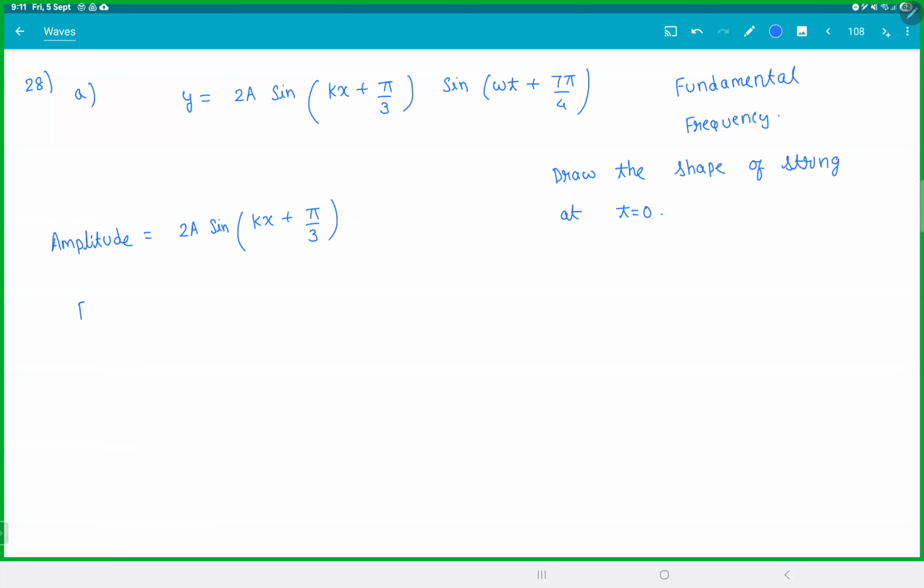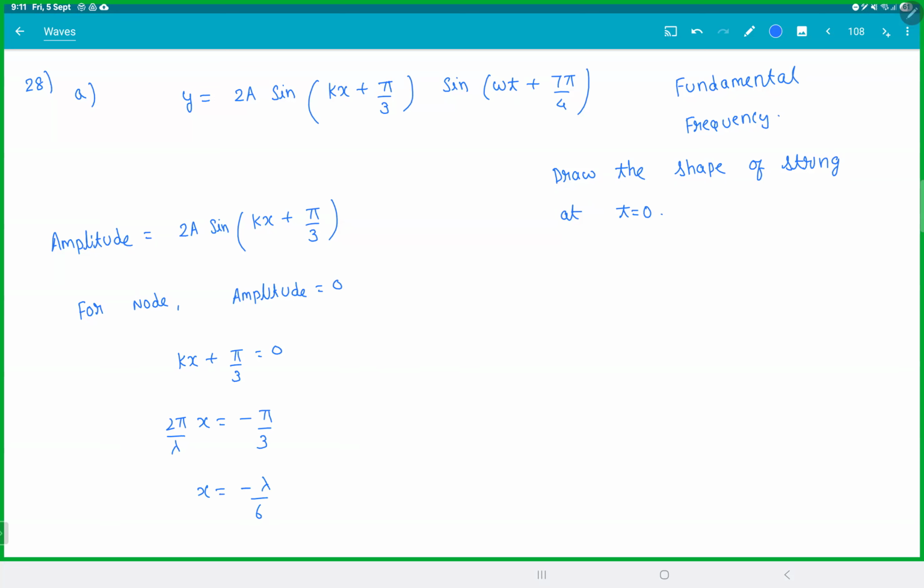So for node, amplitude is 0. So simply write kx plus pi by 3 is equal to 0. So this is 2 pi by lambda, x is equal to minus pi by 3. x is equal to minus lambda by 6.